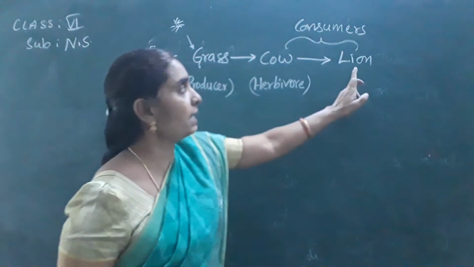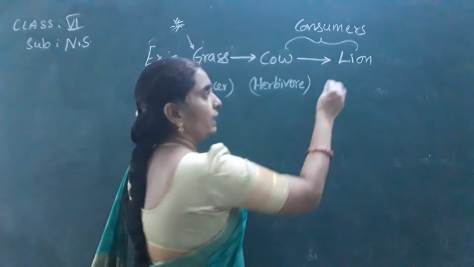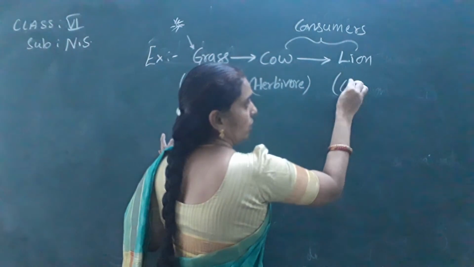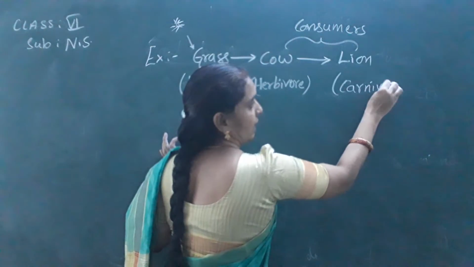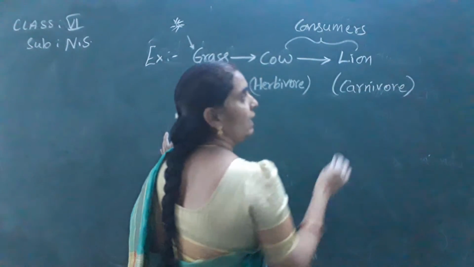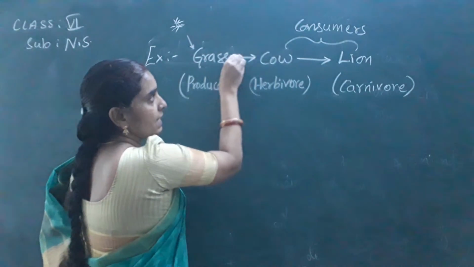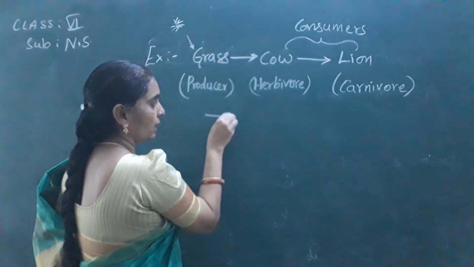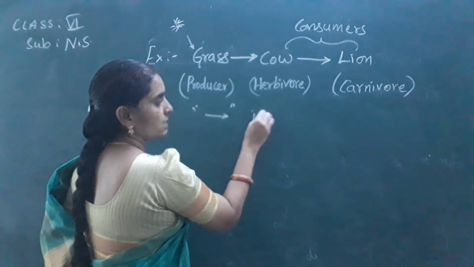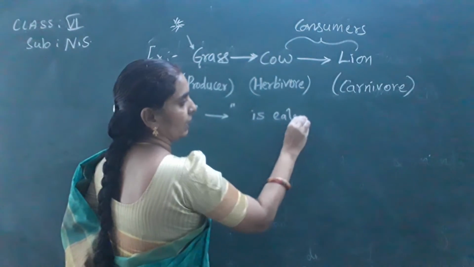Lion eats cow, so it is a carnivore. It is a flesh-eating animal. So here grass is eaten by, the arrow mark represents is eaten by.